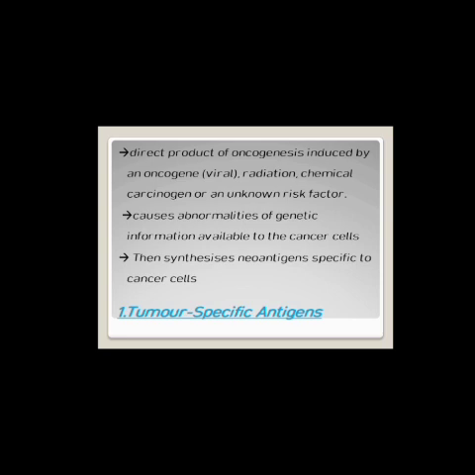It causes abnormalities of genetic information, DNA damage, in the cancer cells, and then synthesizes a new antigen specific to cancer cells. A new antigen will be formed. In the word neoantigen, neo means new, like infants, and antigen, we know, is a foreign substance. That is the tumor specific antigen.